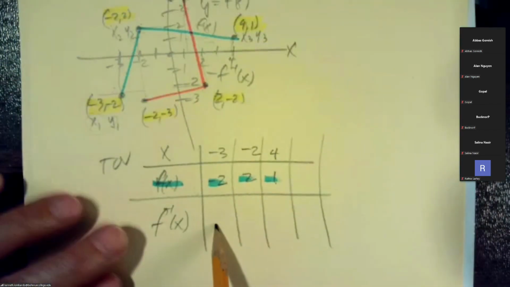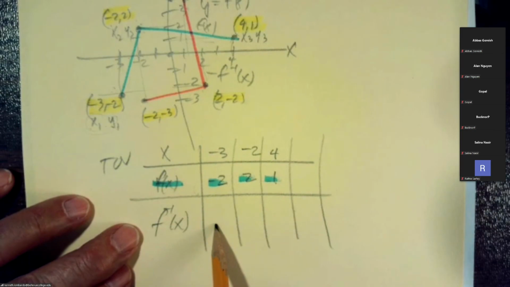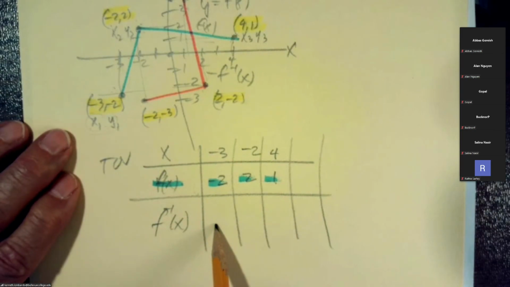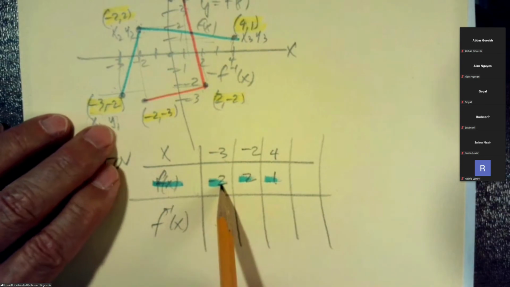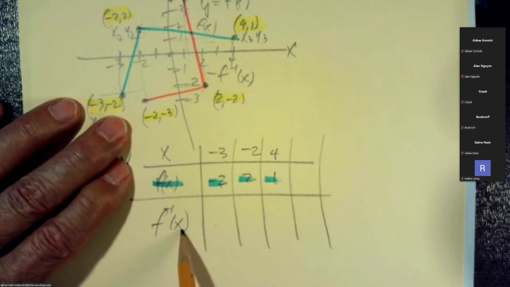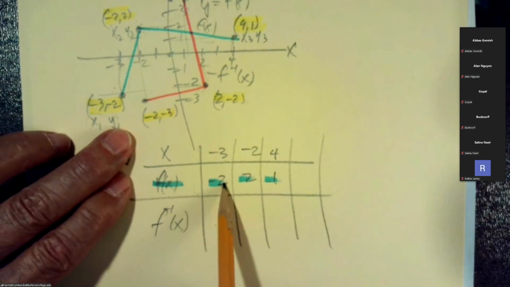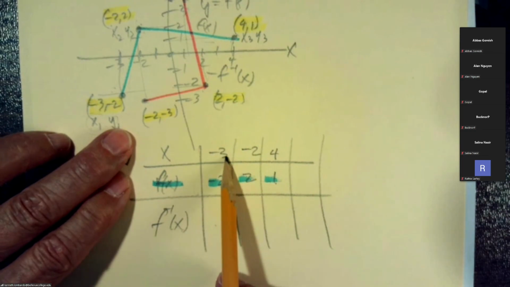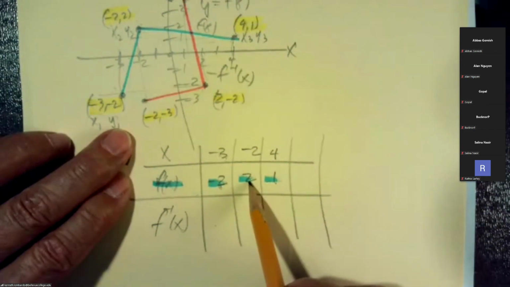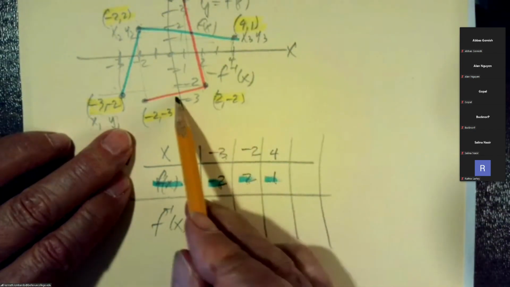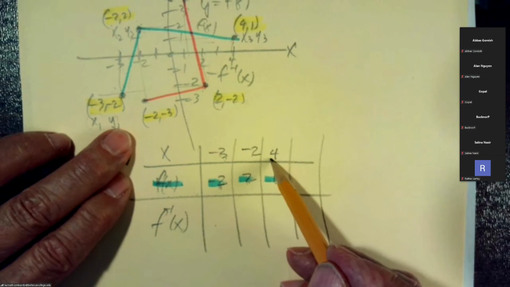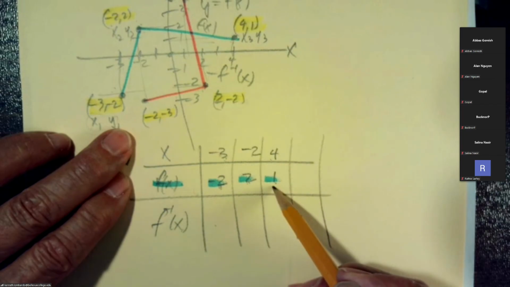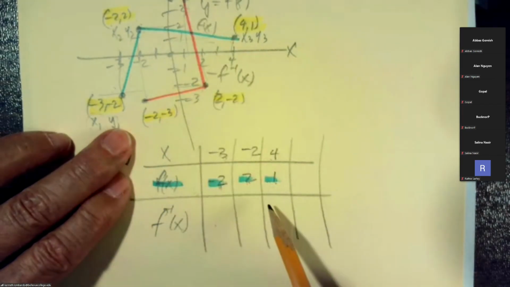And then my inverse values, well, what did I do? I said, if I swap these values, then the inverse is going to be at -2 and -3. I've simply swapped these. Here I'm at 2, -3, which is over here. And over here I'm at 1 and 4. Over 1 and up 4.